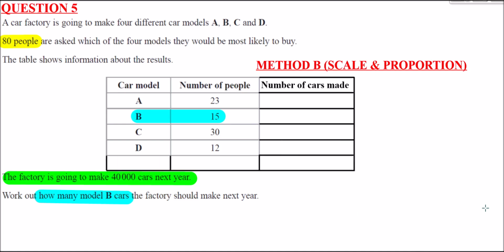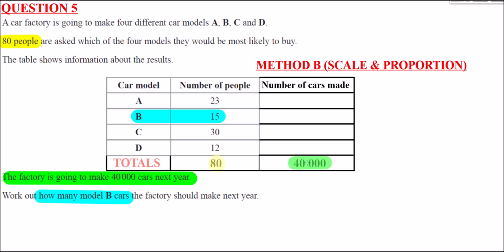So what we can imagine now is each of these people not being just a single person, but being a representative for the entire population of the potential 40,000 that could be buying all the cars. So 23 plus 15 plus 30 plus 12, well, there's 80 people. We can imagine those 80 people as being 80 lots of people, representing proportionally the total number of 40,000 cars.